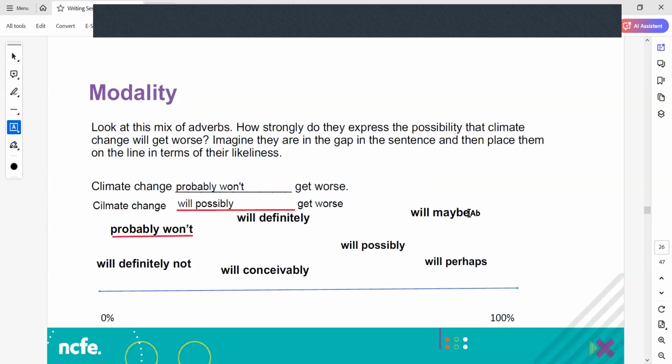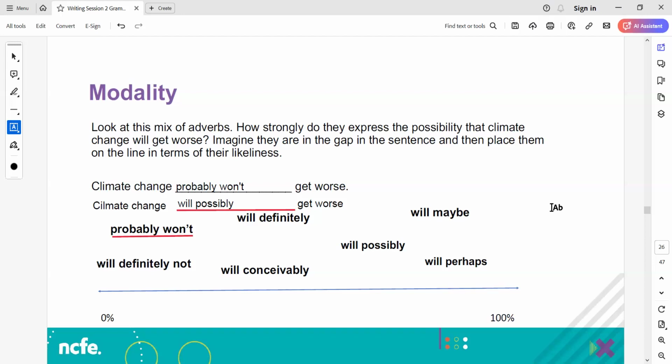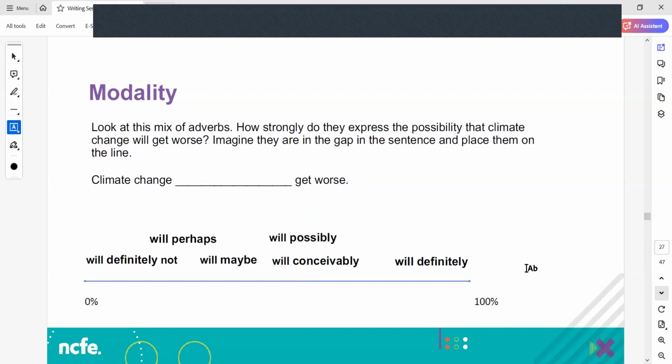I have a question. Yep. What's the difference between possibly and maybe? Oh, well, that's a good question, really. They're very similar, aren't they? So there wouldn't be much difference between the meaning there. If we look at them put in order, perhaps, maybe, possibly, they're all very similar meanings, aren't they?